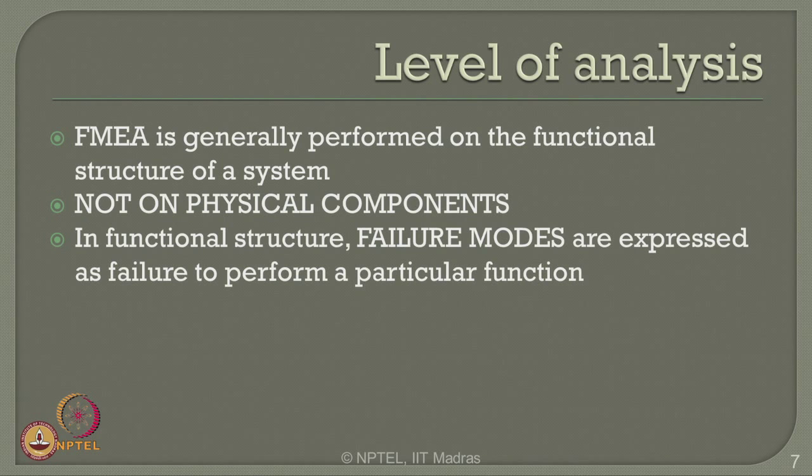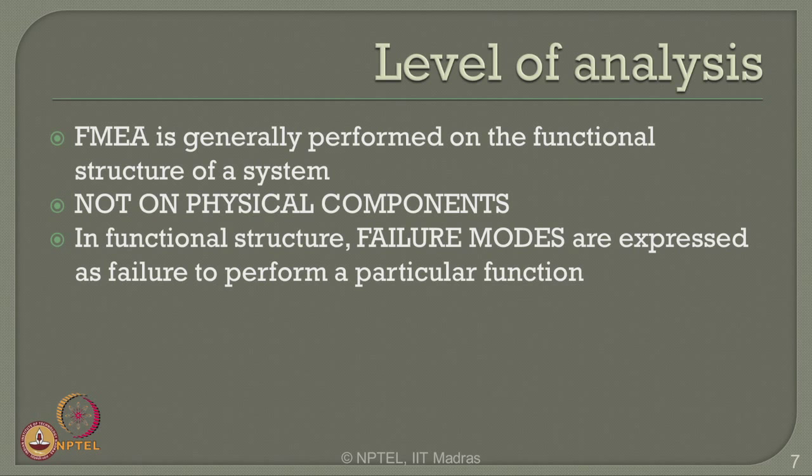In the functional structure of a given system, failure modes are expressed as failure to perform a particular function. Now, ladies and gentlemen, you will be able to integrate this particular statement with that of a HAZOP study, which is a qualitative risk analysis, where this is nothing but the deviation in a given system. So, the first part of FMEA spoke about design intent.